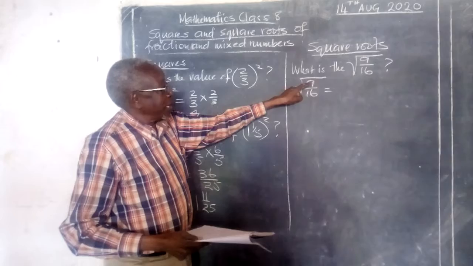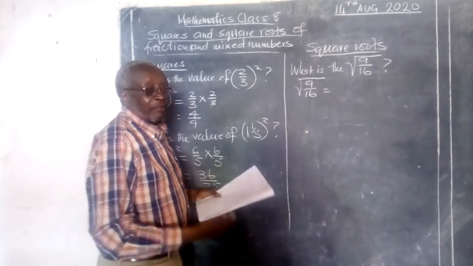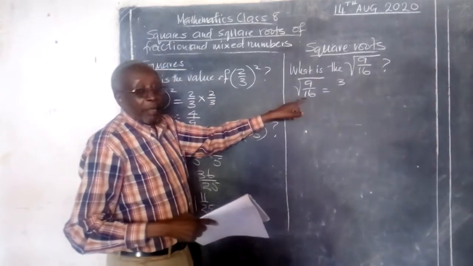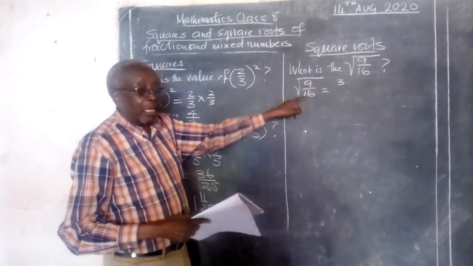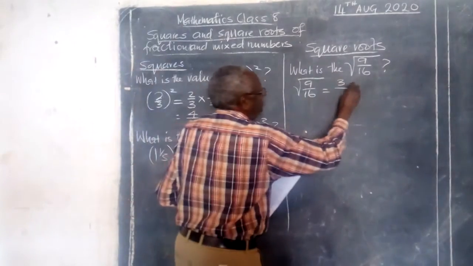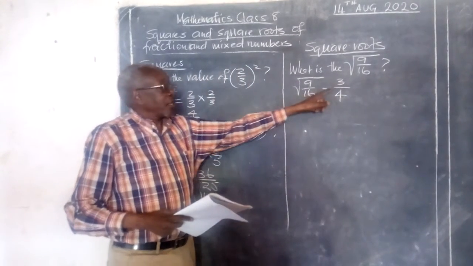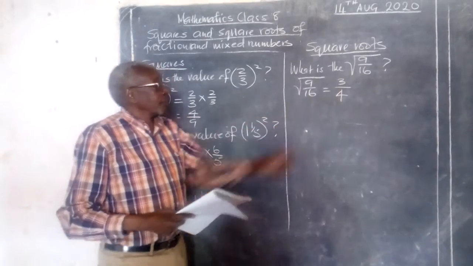That means, what number do I multiply by itself to give me 9? 3. And what number do I multiply by itself to give me 16? 4. So, the square root of 9 over 16 is 3 over 4.